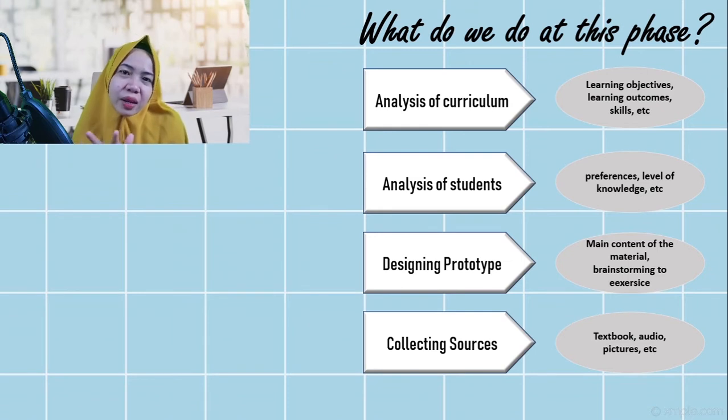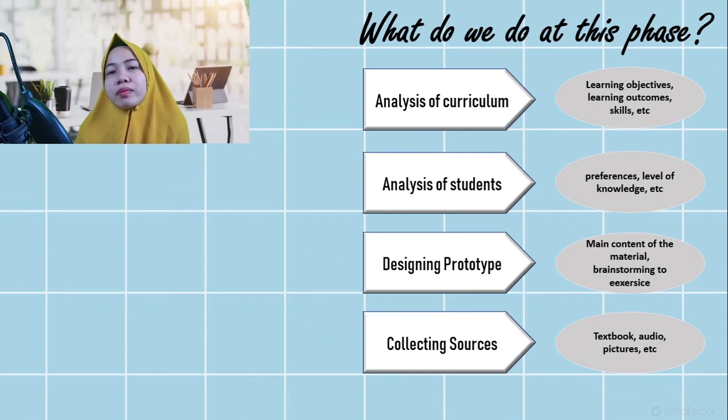It is really needed because you have to decide your material difficulty and your activity difficulty, whether your task is way too easy, because way too easy activities will make them bored, or too difficult activities will also decrease their motivation to learn. So you have to know the exact level of your students.